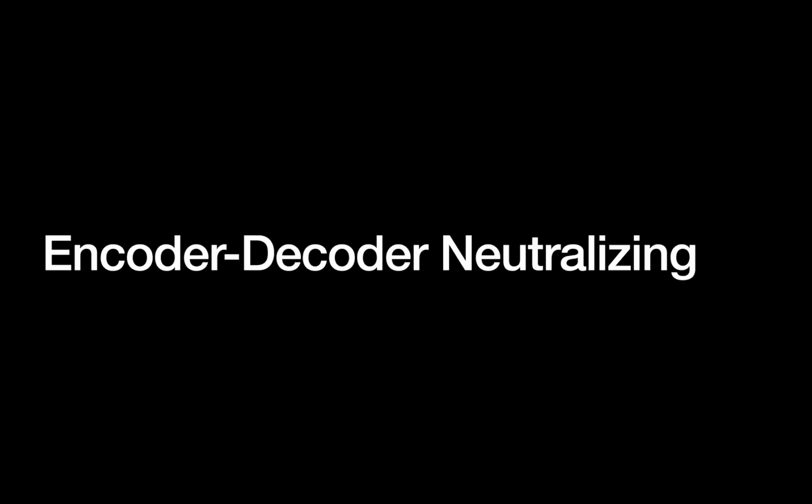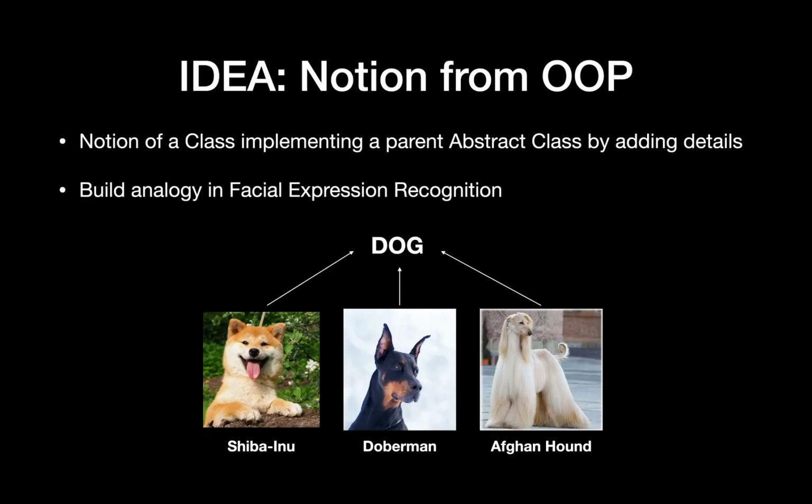Let us start with the project we have already done previous semester, encoder decoder neutralizing. The idea of our project was taken from object-oriented programming. As we know, there is some class which is an abstract class, and it has some child classes which are built by implementing some of the features of the abstract class. So, for example, dogs.